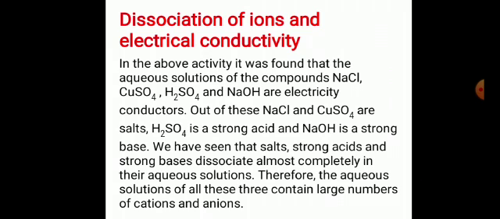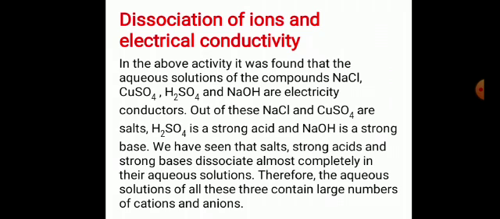The aqueous solution of NaCl gives Na+ as a cation and Cl- as an anion. Copper sulfate gives Cu2+ and SO4 2-. H2SO4 dissociates into H+ and SO4 2-. NaOH will dissociate as Na+ cation and hydroxide ion OH- as anion.